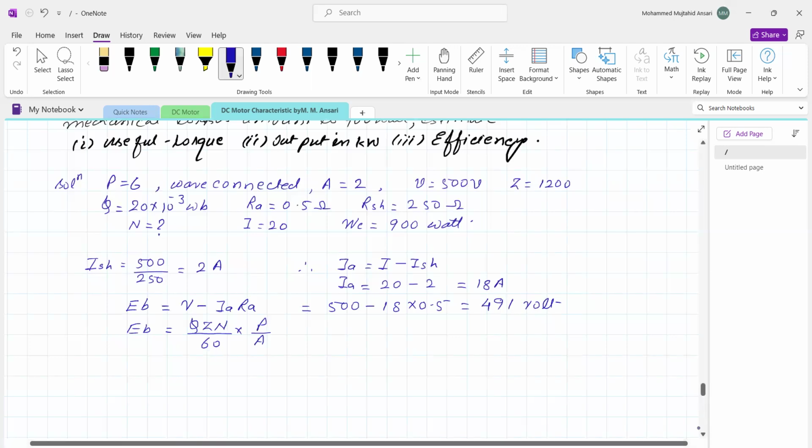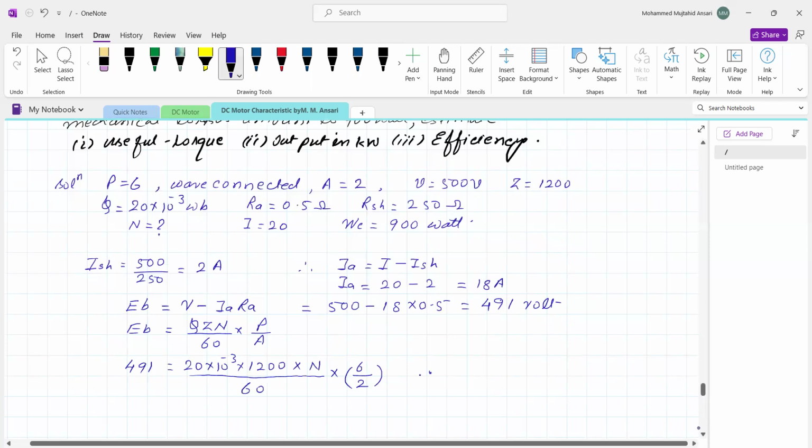So back EMF 491 is equal to 20 into 10 raised to minus 3 into 1200, the number of conductors, into speed N, which we want to calculate, divided by 60, into number of poles 6, and A is the number of parallel paths as it is wave connected.